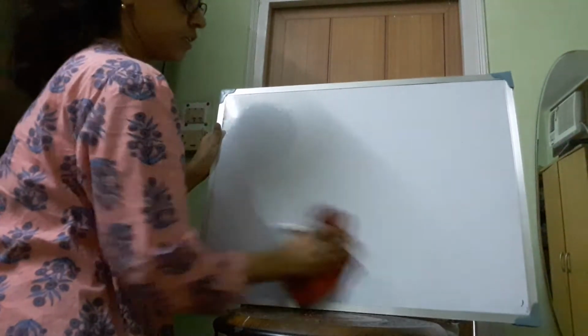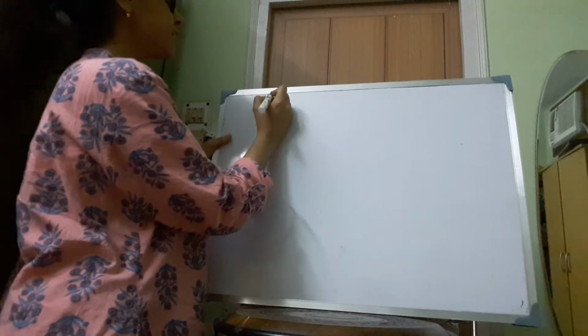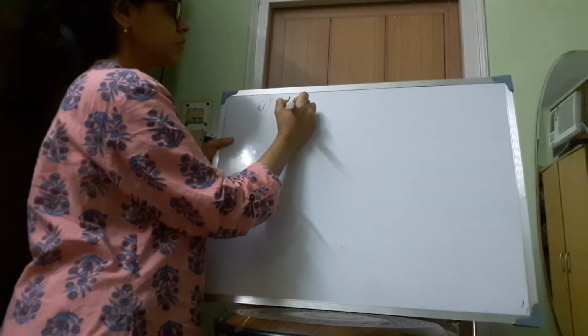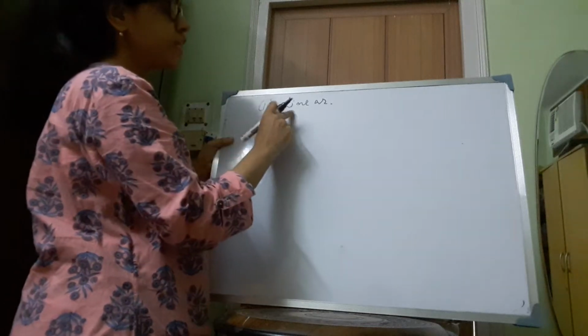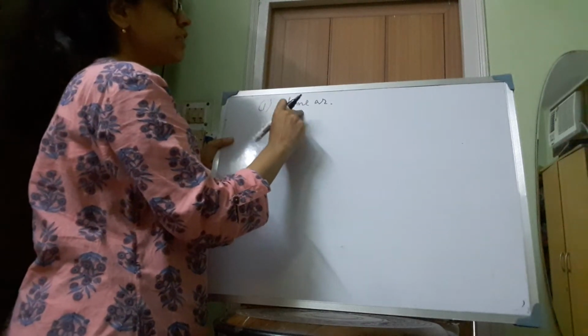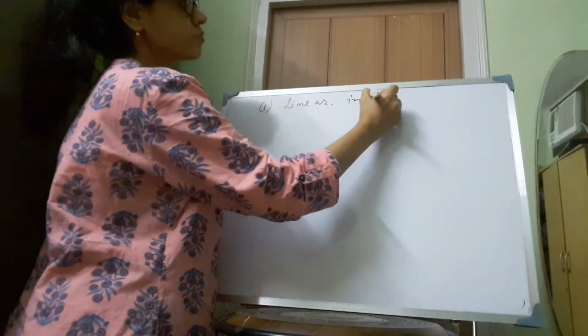Now we know that one of the properties of the least square estimators is that it is linear. So the first property of the OLS regression estimators is that it is linear in nature.